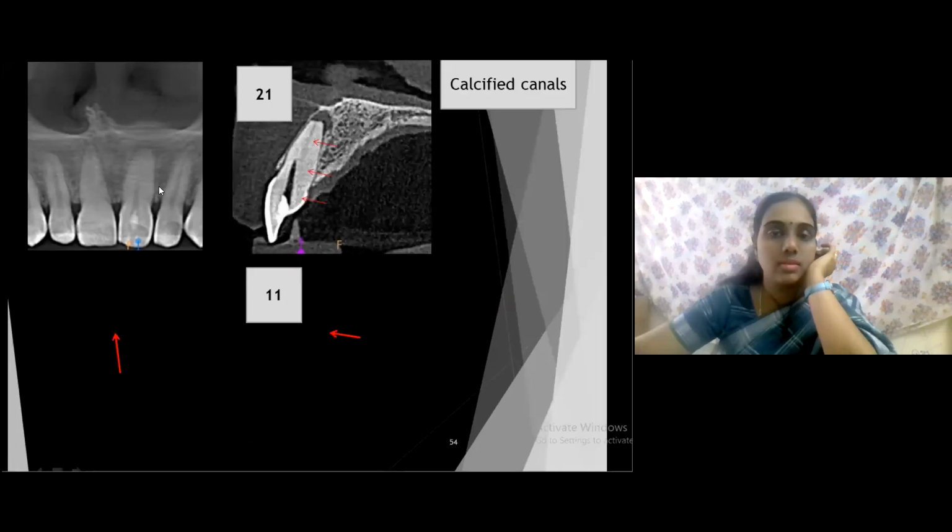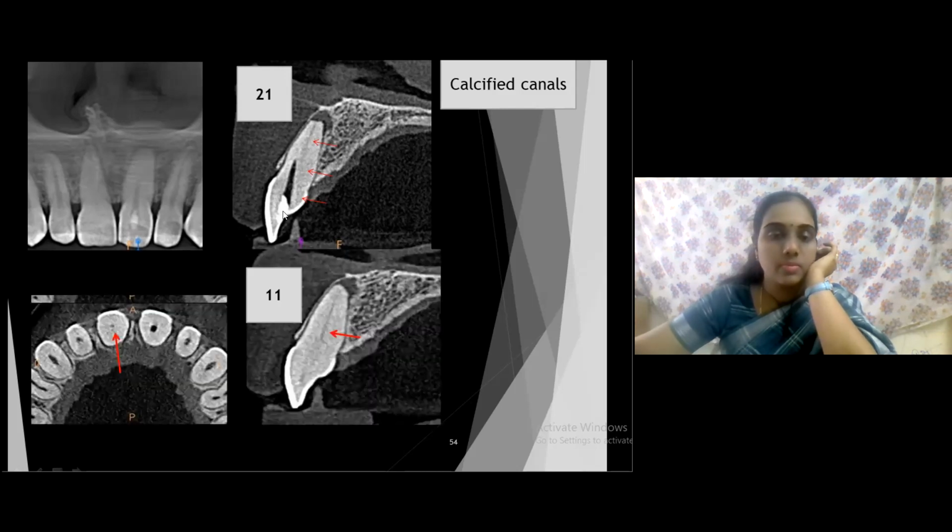On seeing the radiograph now, you can clearly see the canal appears as a faint, thin radiolucent line, which is present more palatal, but the opening was done more buccal. In axial section, you could see the opening of the canal in relation to 1.1 and also in relation to 2.1. So this is a perforation. So this is the importance of 3D radiology.